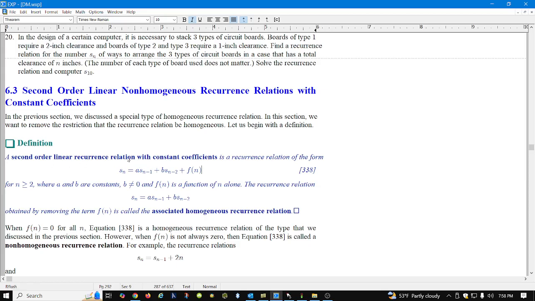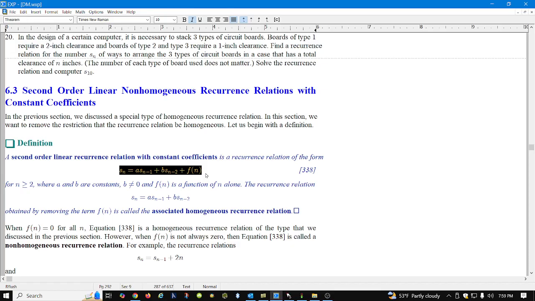But in this definition, I haven't restricted f of n in any way, so this general form here would refer to any second-order linear recurrence relation with constant coefficients. If we drop the Fn term and just look at this recurrence relation, it is referred to as the associated homogeneous recurrence relation, associated to the original recurrence.